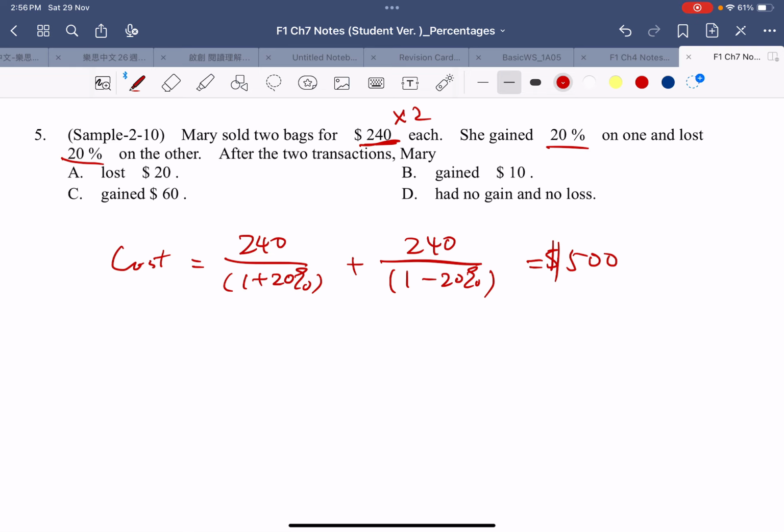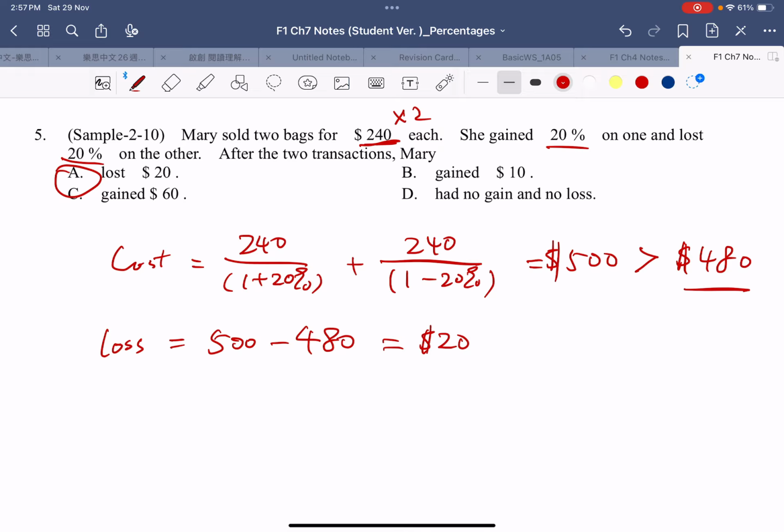So you compare, okay, the cost is larger than her selling price. After comparing, the loss is 500 minus this, and this loss is $20. So the answer should be A. This is a loss.